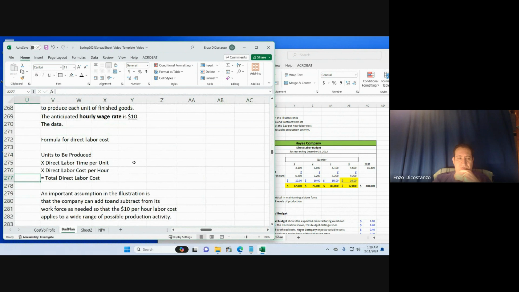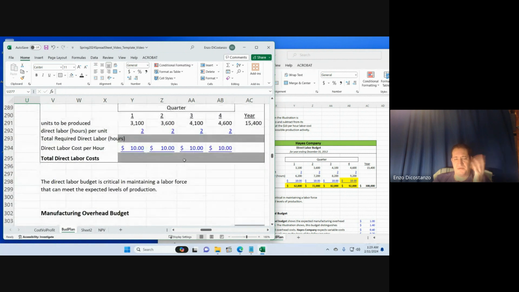And the labor costs are units to be produced, labor time per unit, labor cost per hour. That's how you get total direct labor. And we're going to put that into a table here. So in terms of the hours, you're going to do a product of all that. And you don't have to worry about anchoring anything with this, because that's the only place you're going to use this.